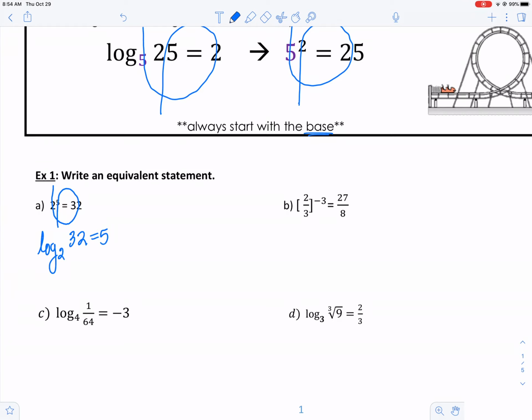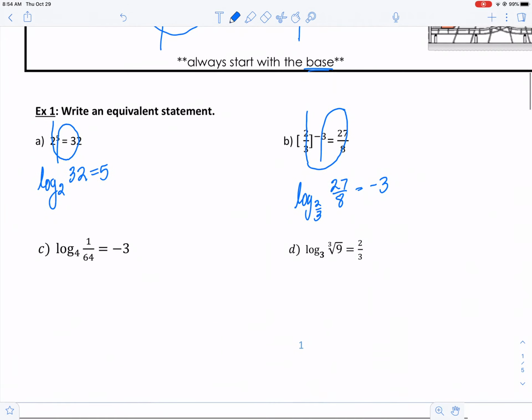Let's do it again. Remember, we always start with the base. So you would have log of 2/3. So you can have a weird base like that. Log base 2/3 of 27/8 is -3. Let's keep going. Now we've got a log. So now our answer is going to be in exponents, in exponential form.